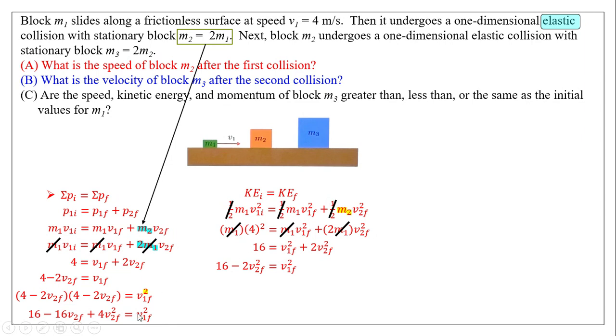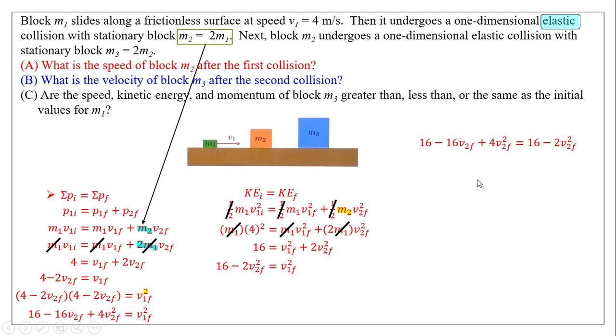But now that you have two expressions for V1F squared, we're just going to set these two statements equal. So at the bottom left of the screen here, 16 minus 16 V2F plus 4 V2F squared is going to be equal to 16 minus 2 V2F squared, because they both equal V1F squared.